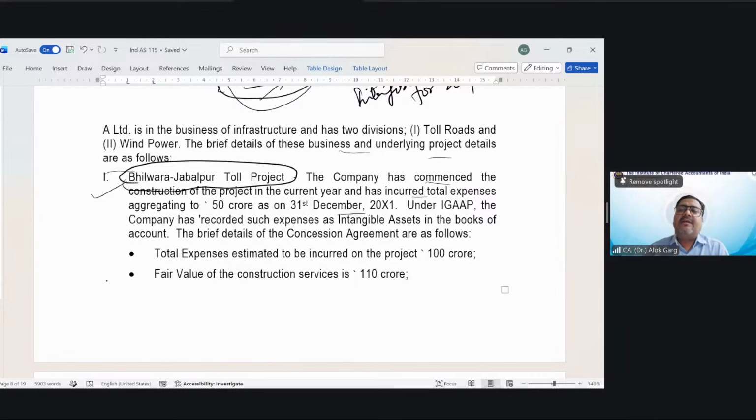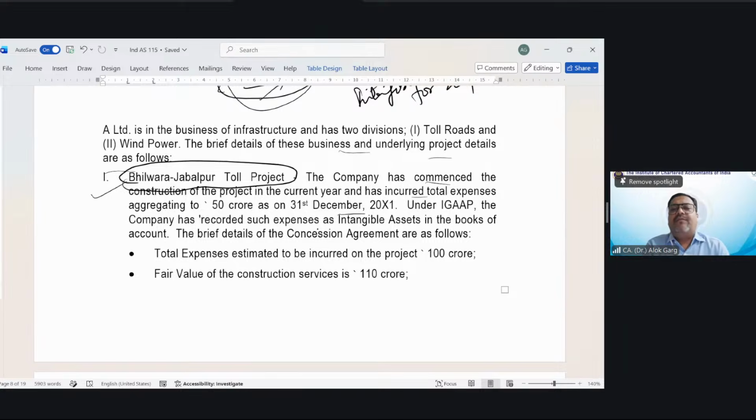And the company has incurred total expense. The question is using the word expense. Is it an expense? So don't be emotional with the question. Apply your mind, apply your wisdom, apply your concepts, and then solve the question.